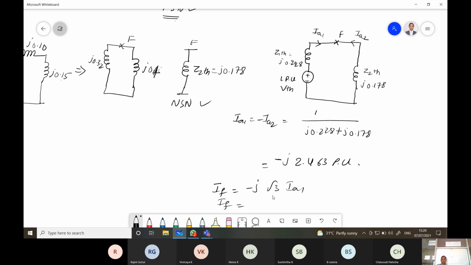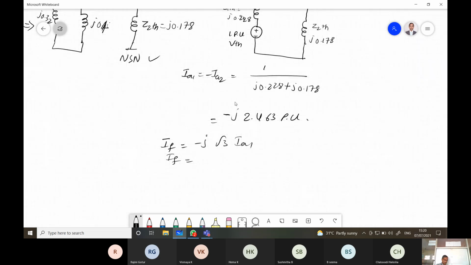Fault current IF is equal to, J into J square, that is equal to minus 1.